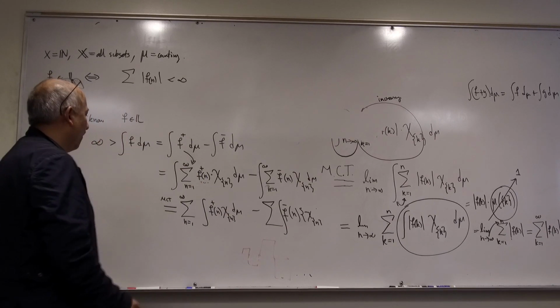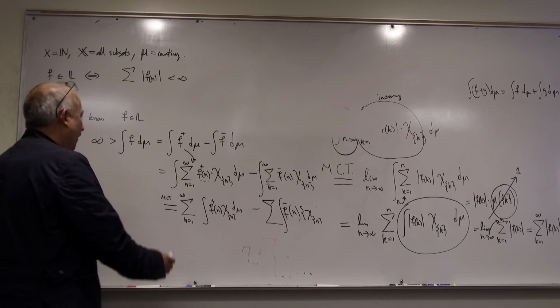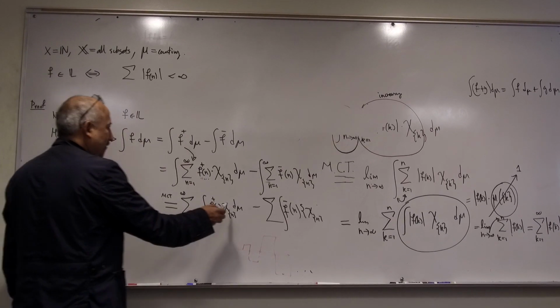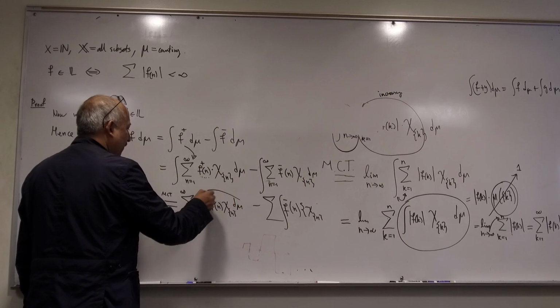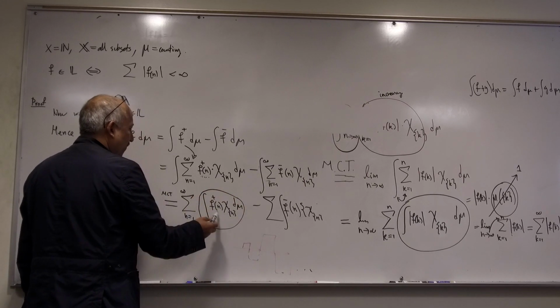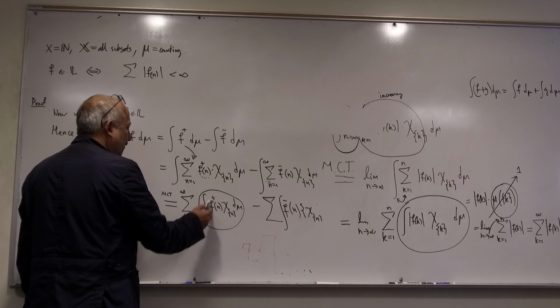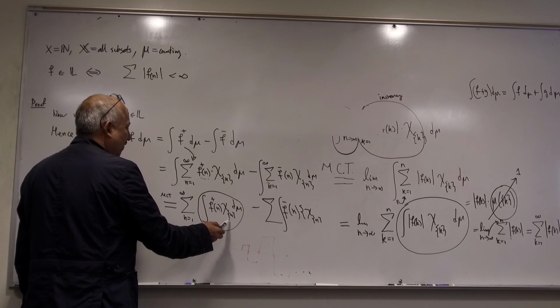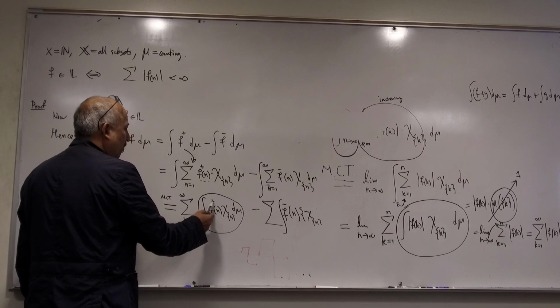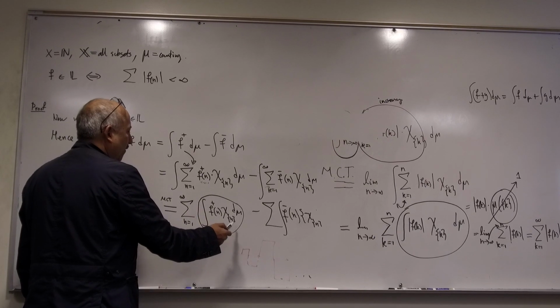Yes or no? Oh, by the way, what is this integral? We can easily do it because that's like a simple function. This is a number and this is a set, so this is not a function. This becomes a specific number.